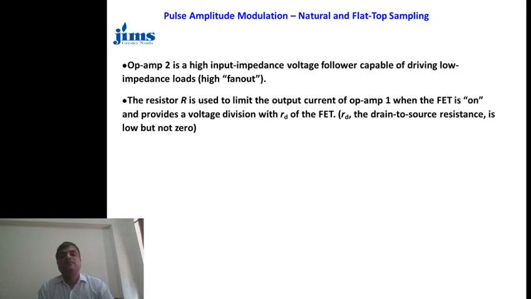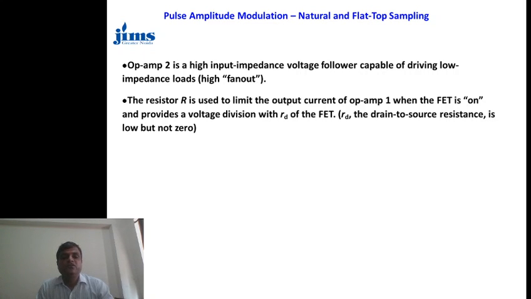It provides an output that follows the input, but the gain is slightly higher to provide matching. In technical terms, we get a voltage follower capable of driving a low impedance load.